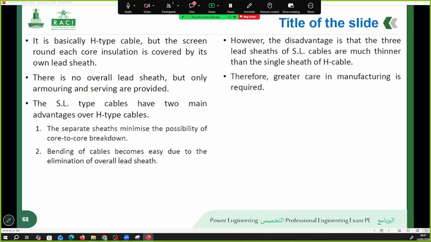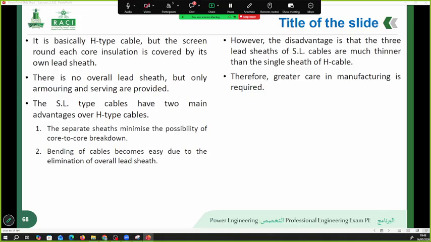Okay, this slide lists two principal advantages of H-type cables. The disadvantages are directly related to their specialized construction, which is designed to handle high voltage efficiently. The first advantage of H-type cables is that they are designed to eliminate the possibility of air pockets or voids within the insulation.